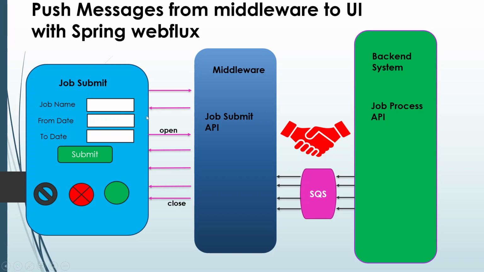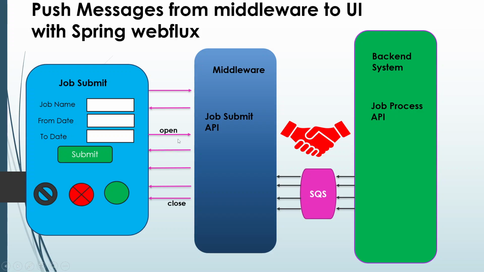After that, the UI will have to open up an event listener stream to the job submit API. Then whenever the job submit API receives a message from the SQS, it pushes the message as an event to the UI layer, or to the stream that was open for that particular user.